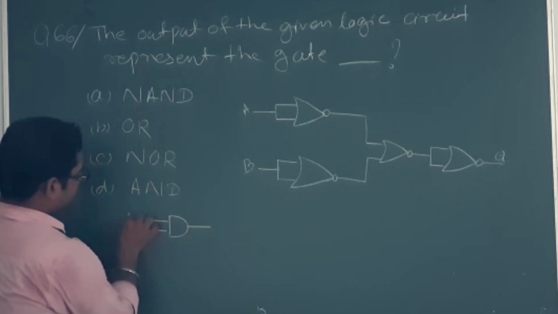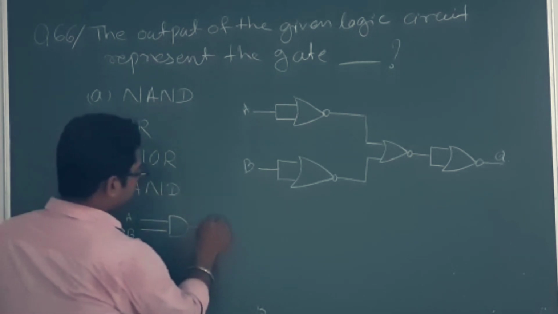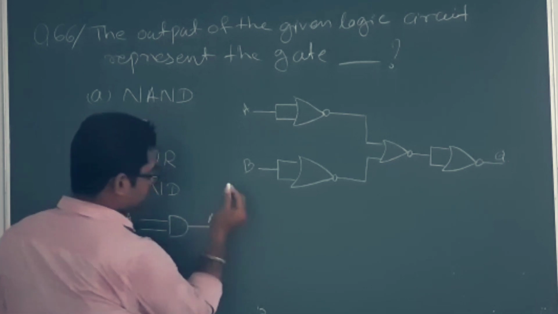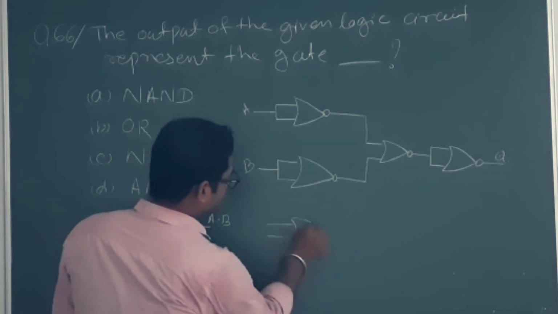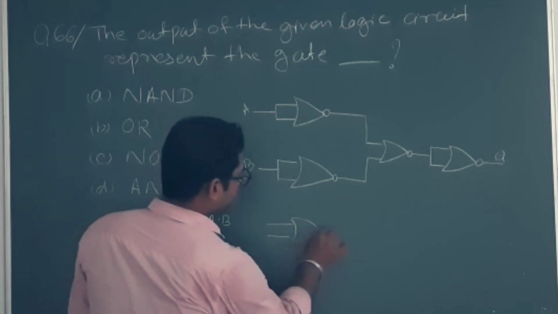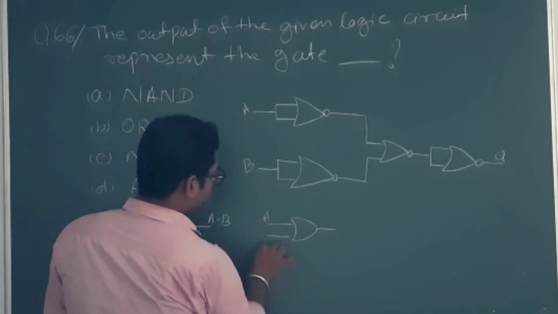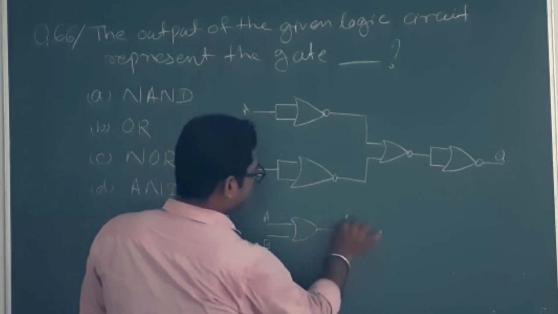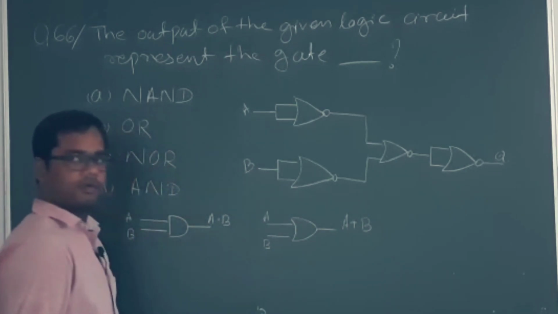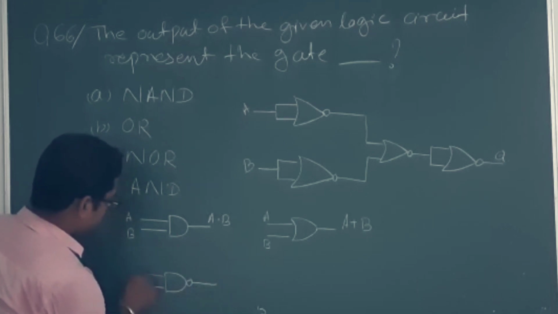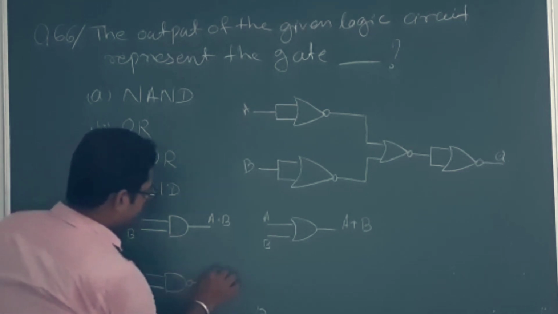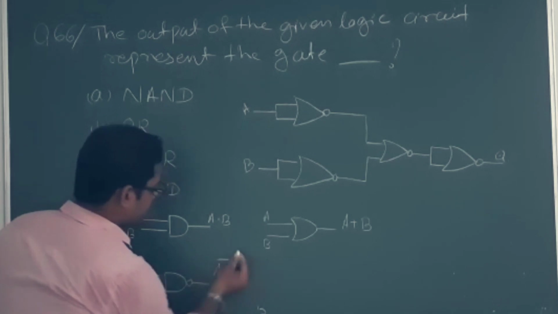If I put inputs A, B, the output will be A dot B. Then the OR gate, inputs A, B, the output will be A plus B. Then the NAND gate, inputs A, B, the output will be A dot B whole bar.